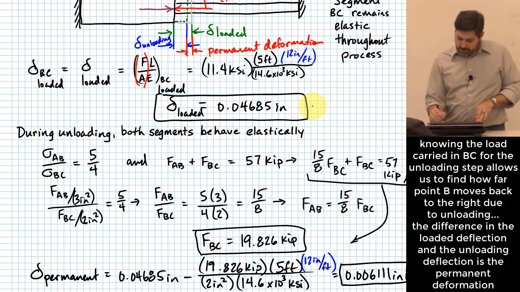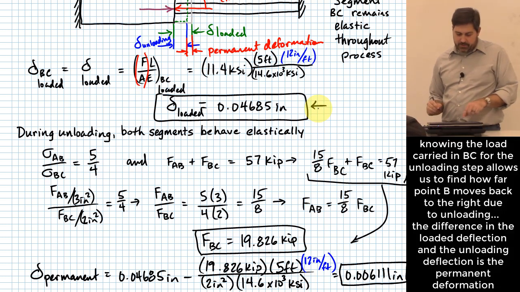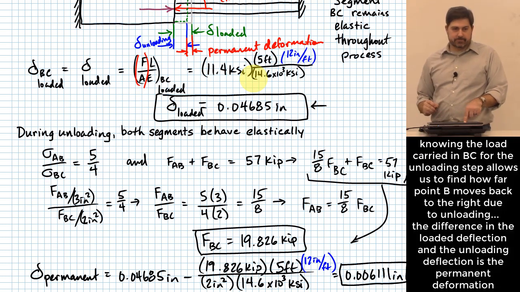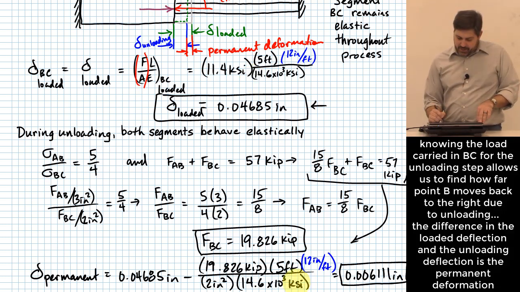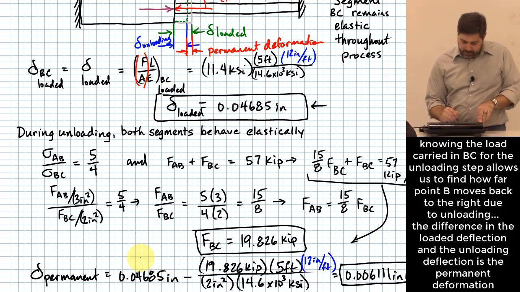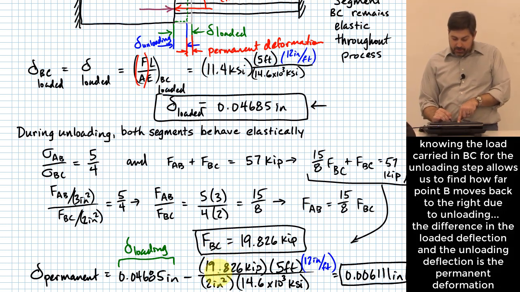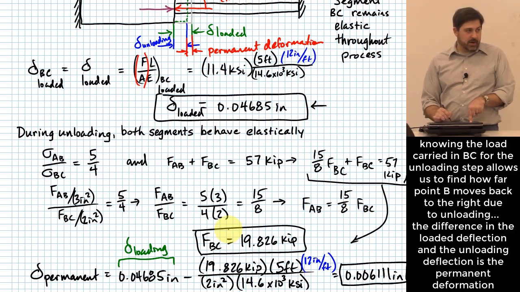There it is. This one right here, he wants to know, how did I find the 0.0? Yeah, it's in that work right there. This is FL over EA. So in other words, this is our delta loading, right? This is how much delta happened during loading. When we applied a force in the opposite direction, a portion of that force specifically went into rod BC, right? That's what all this work up here was to figure out: how much of the force that's applied during unloading actually goes into just rod BC.